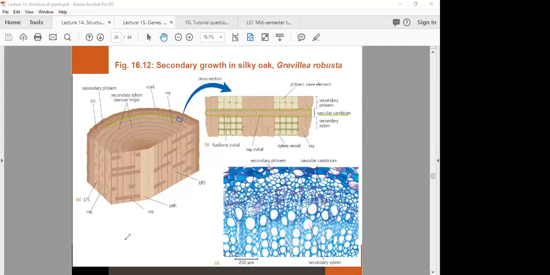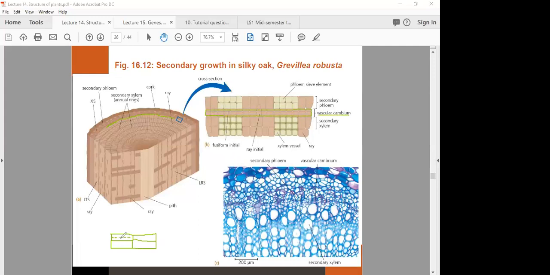And to illustrate what they do, I just need to draw a couple of these vascular cambium meristem cells, just like that. Okay, so let's imagine this cell here divides into two cells.